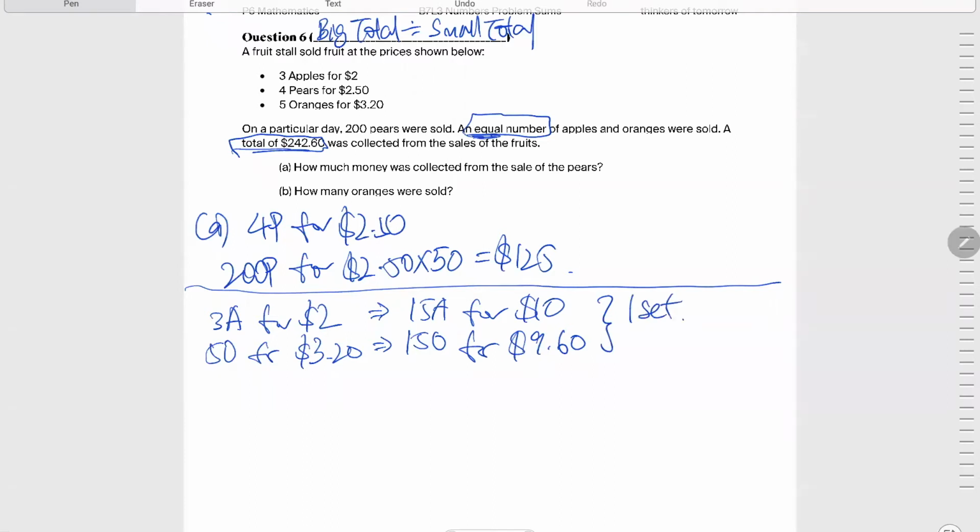Okay, the question said that a total of $242.60 was collected. This is on the sale of fruits. Sale of fruits means if you want to find oranges, you need to get rid of the amount spent for pears. So the big total here would be 242.60 minus what is spent on pears, because I only want to know how much I spend on apples and oranges.